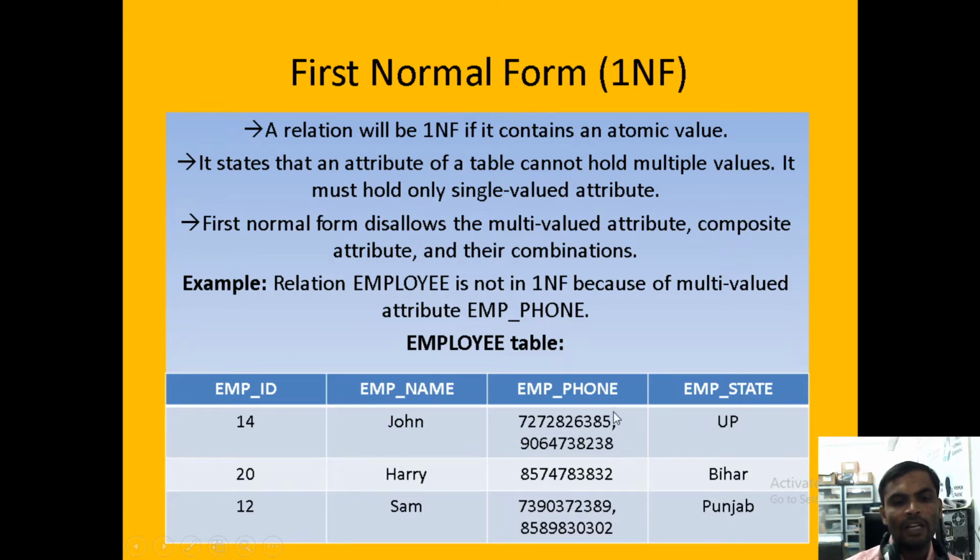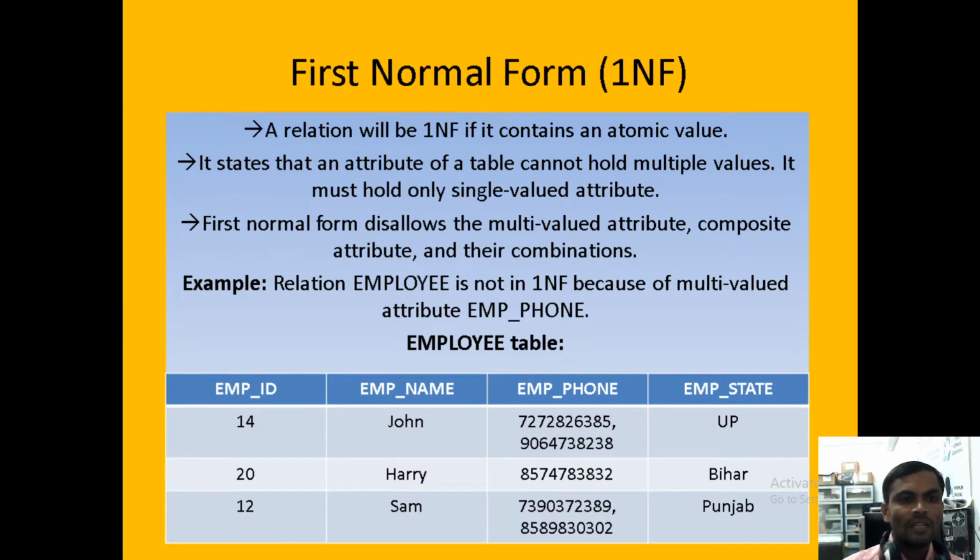This employee has two contact numbers. This type of values we cannot store under the first normal form. Then we should convert to the format of atomic values, means unique values only will be there. Here we should store only a single value.